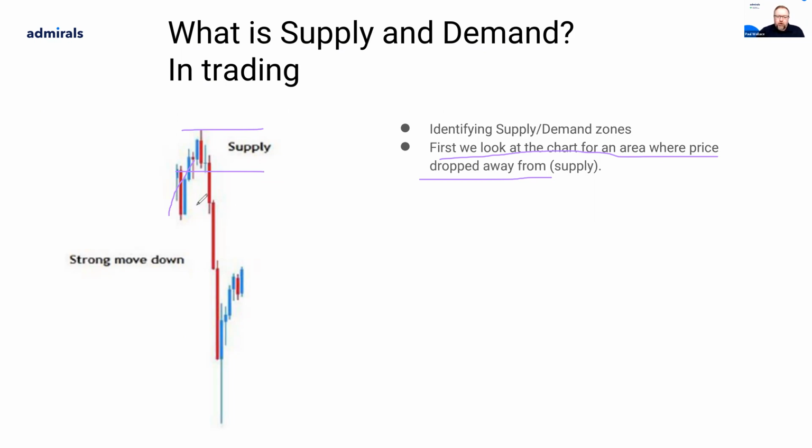But when you can look at a chart and see where price has really fallen away strongly from, not ground its way down but moved very, very quickly away, the area just before it we would identify as supply. There is supply in the market which overwhelms the demand, and you can see the price absolutely collapses. What we're interested in is what happens when price eventually comes back to that area of supply.